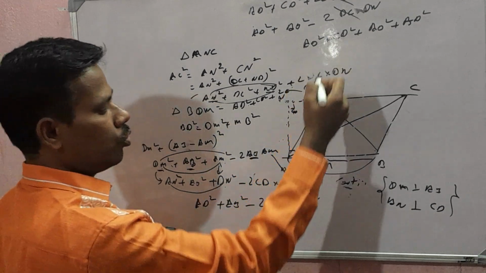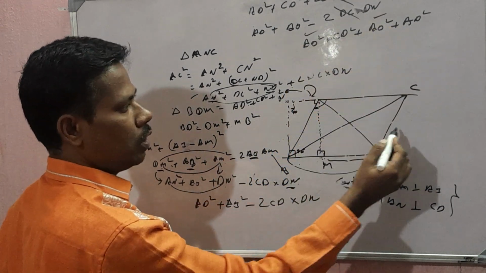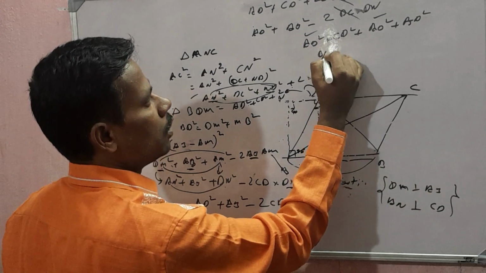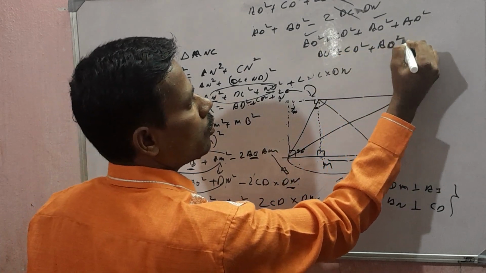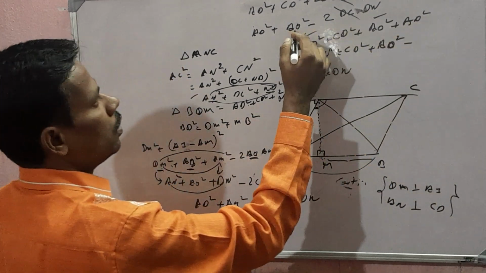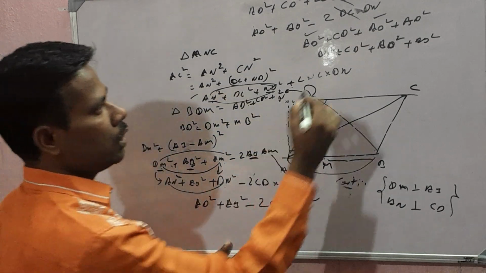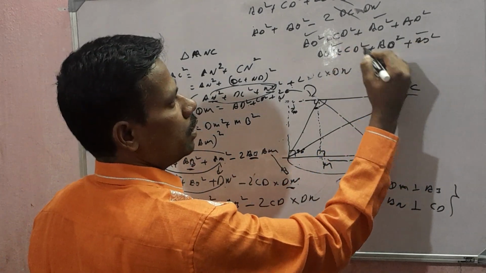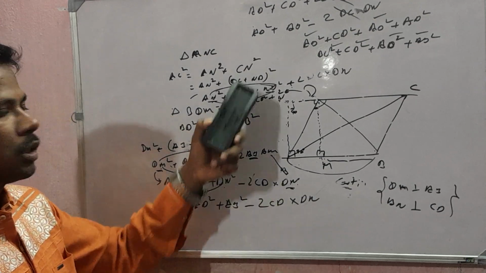So here AD 2 times I have written, no? AD is nothing but BC. BC square plus CD square plus AD square plus AB square. So see here, AB, BC, CD, AD. There ends the problem. So first part is very simple.